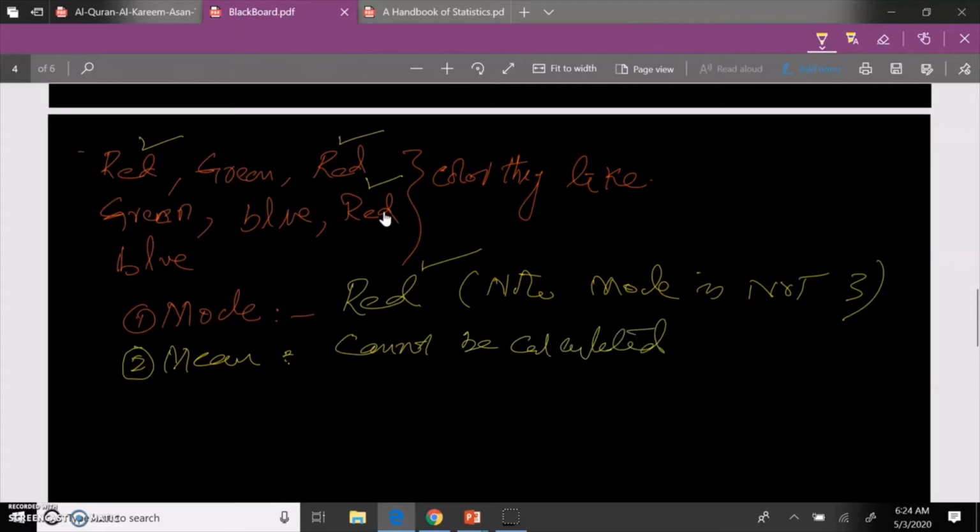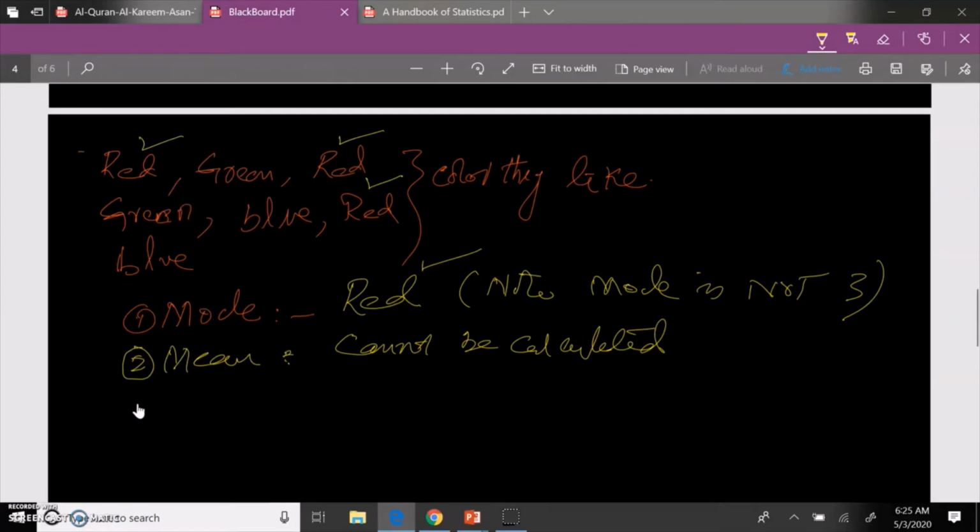The reason is these are values which cannot be added, right? This is qualitative data, and I can't add. I don't know what you mean by red plus green. What will happen if I add red and green plus red? I can't do that, right? For a mean, you need to do a mathematical operation, and I can't add these, so I cannot calculate this.